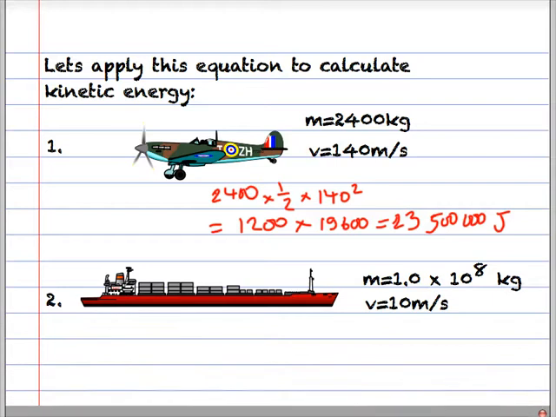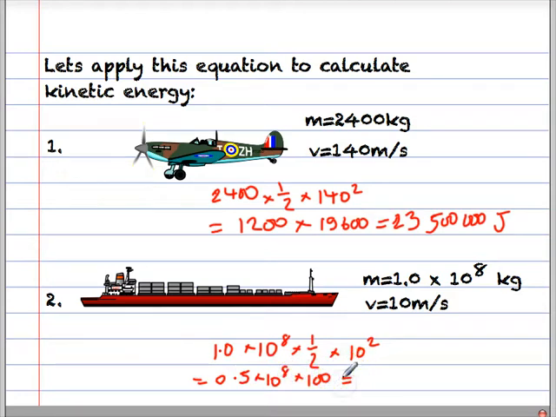So here's a container ship. Mass 1 times 10 to the 8 kilograms. Velocity 10 meters per second. So again, it's going to be given by the mass times a half times v squared. In this case, v is 10, so 10 squared. So that's going to equal half of the mass, which is 0.5 times 10 to the 8, times 10 squared, which is 100.